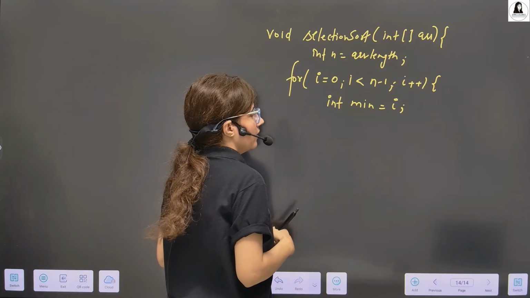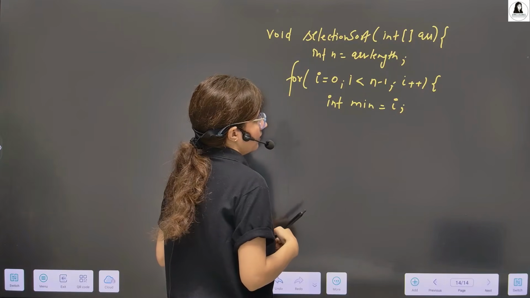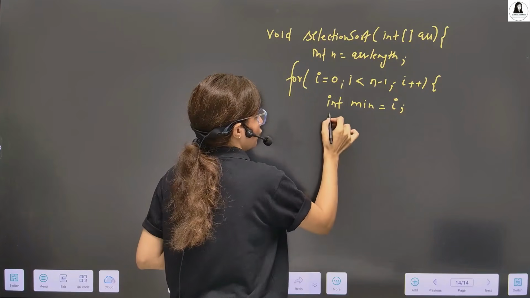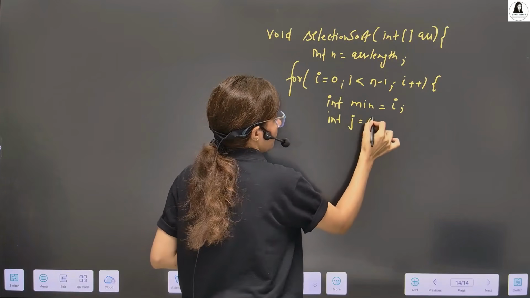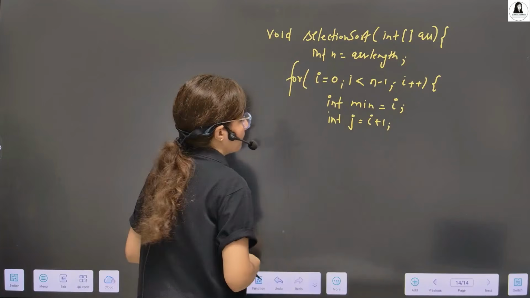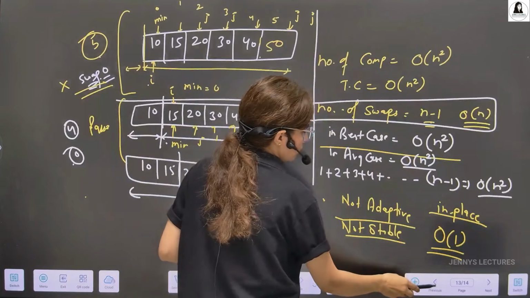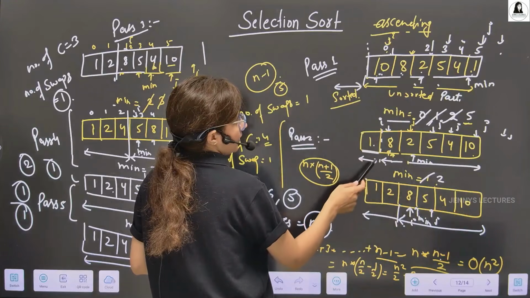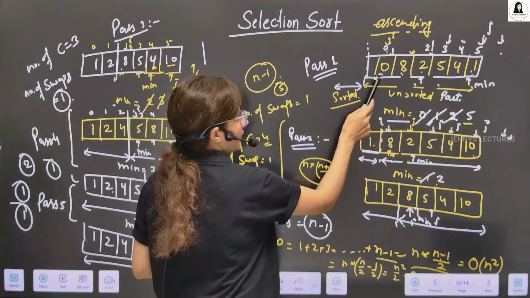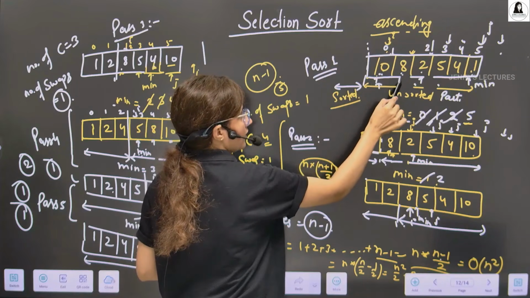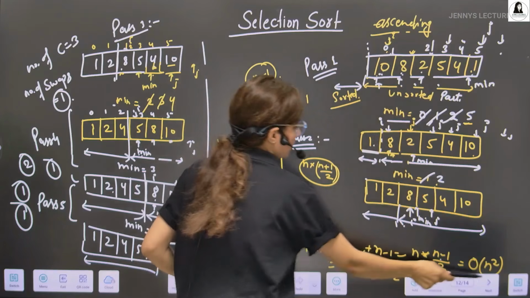Next we take j. So j is equal to i plus 1, because at first I consider that i is the minimum index. So I'll consider j here and start comparing.